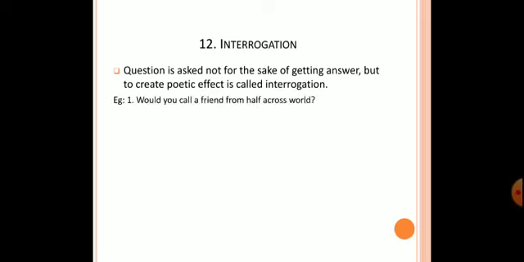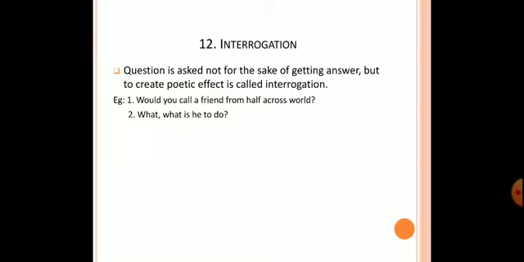First one is, would you call a friend from half across the world? So this is just a mere question being put forward in the poem. You can easily remember this: wherever you find a question mark at the end of the poem line, this is called interrogation.